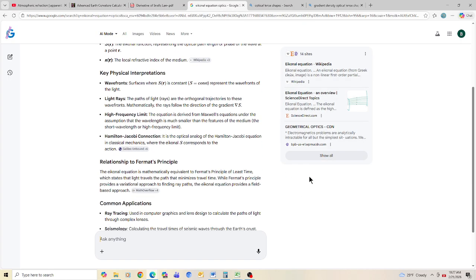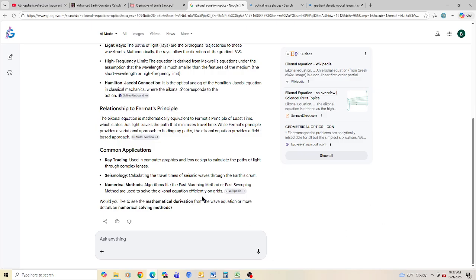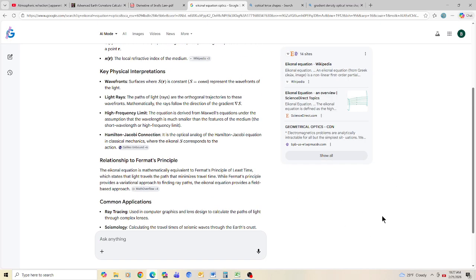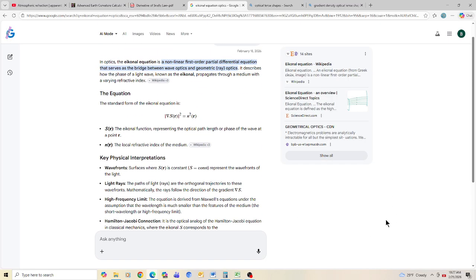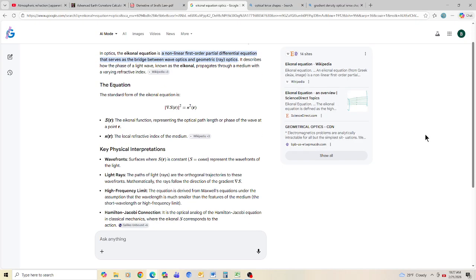Okay, so common applications would be ray tracing. I just brought up ray tracing. This is where we have a problem, and I will explain that problem as we go. Seismology, numerical models. This basically comes down to how this formula, this calculus formula, is utilized.